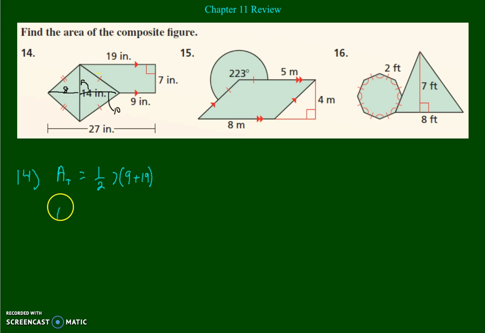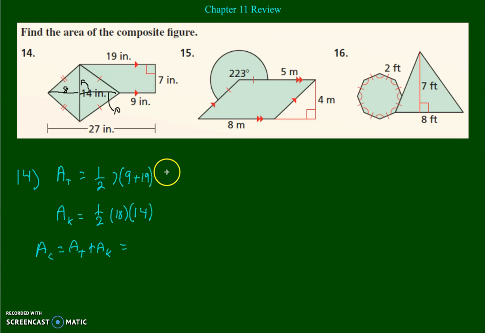Down here I'm going to write area of kite is 1/2 D1, which is going to be 18, D2, which is 14. And when we add those together, the area of our composite is area of the trapezoid plus area of the kite, which is equal to this plus this.